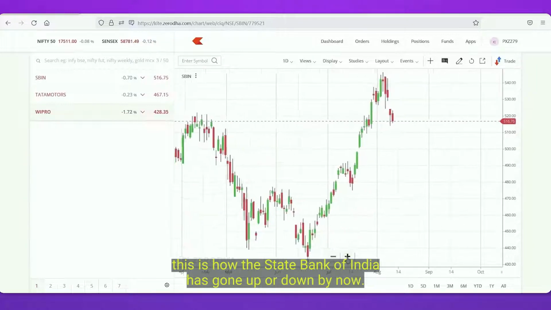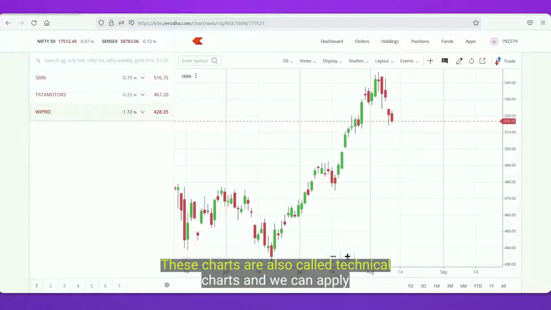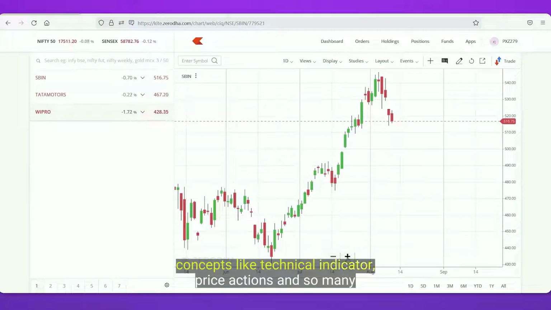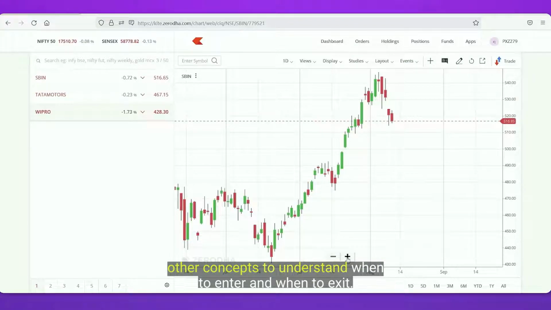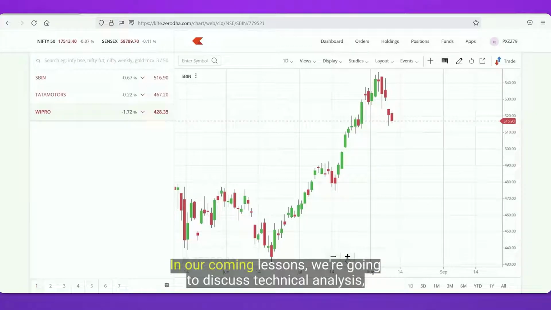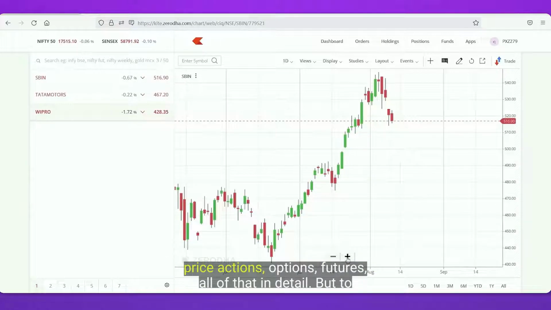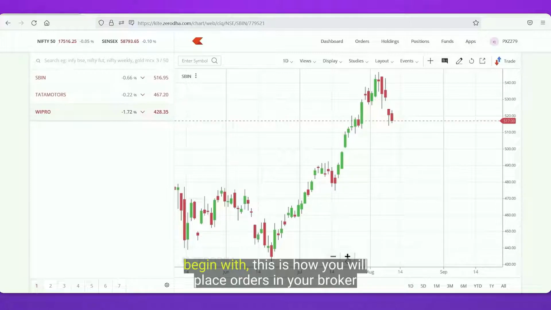Now, these charts are also called technical charts, and we can apply concepts like technical indicators, price action, and so many other concepts to understand when to enter and when to exit. In our coming lessons, we are going to discuss technical analysis, price action, options, futures, all of that in detail. But to begin with, this is how you will place orders in your broker.